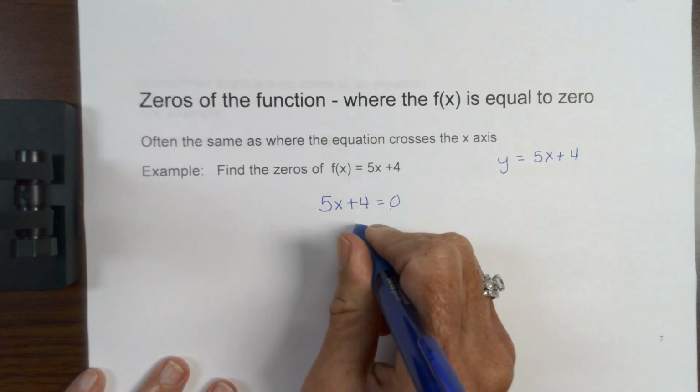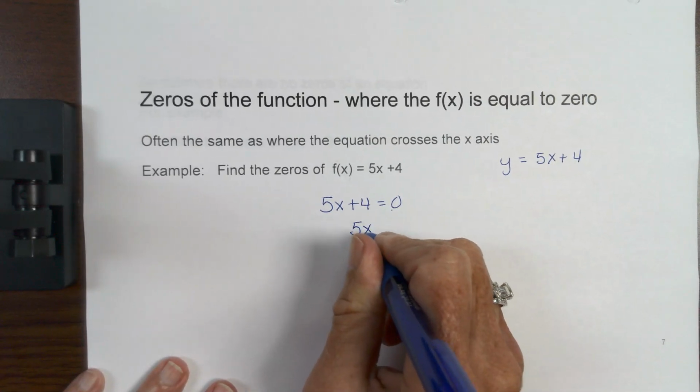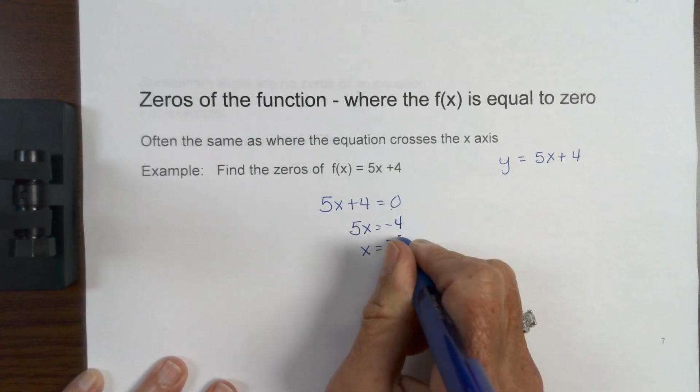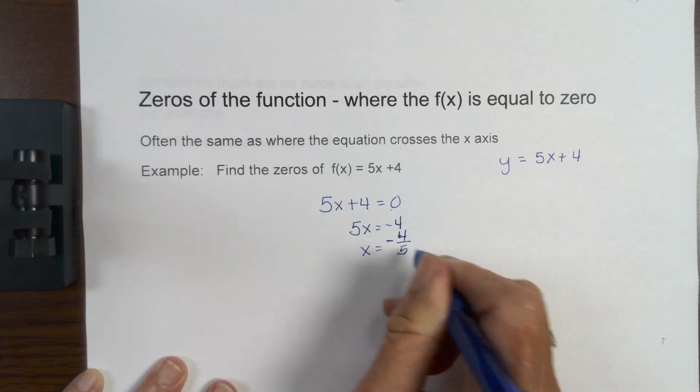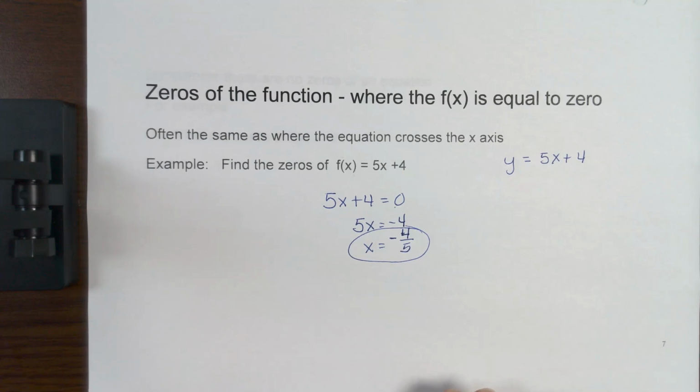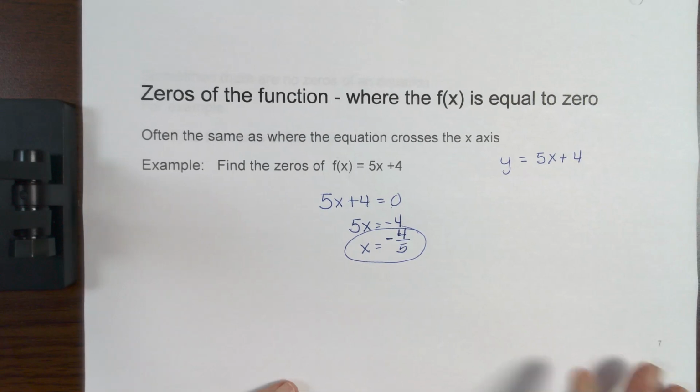If I go to solve for this, I have 5x is equal to negative 4. Divide by the 5, I have negative 4/5. That is the 0 of that equation. That is also called the roots or the solution of the equation.